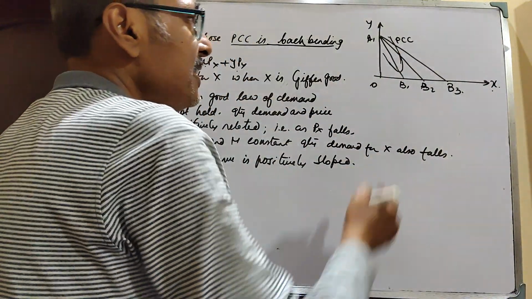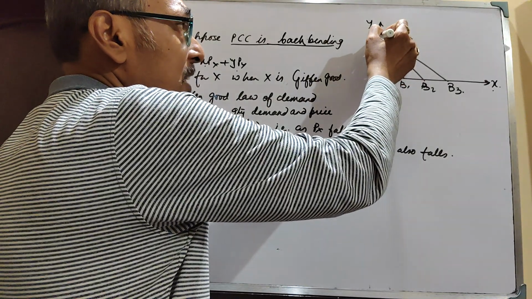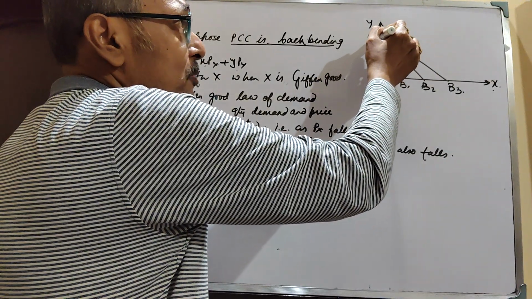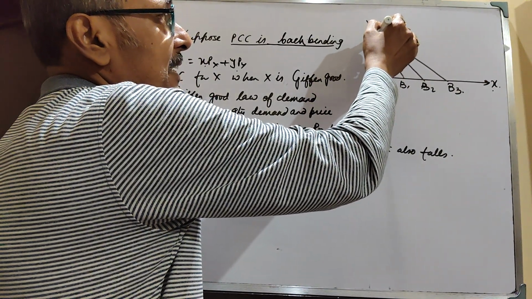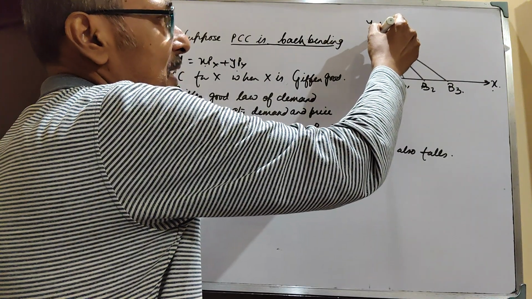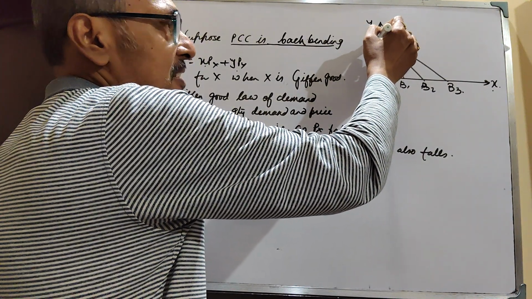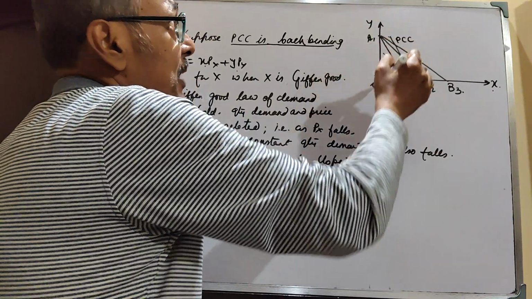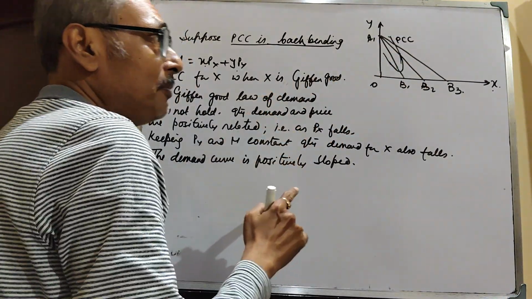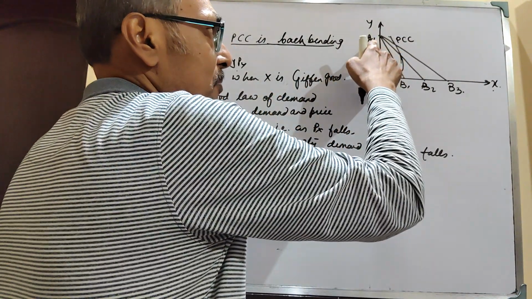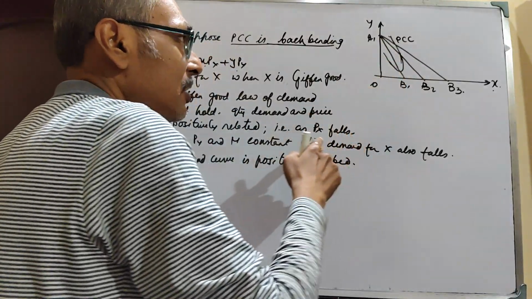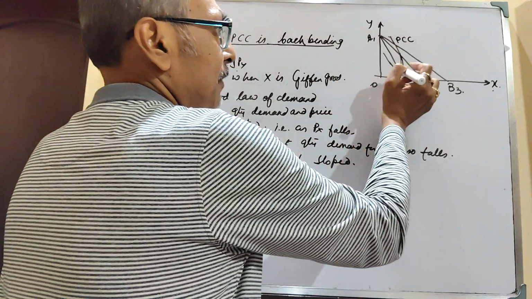PCC usually starts from the origin, or from the vertical intercept point of the budget line, not necessarily always. For this particular case, PCC starts from this point. Initially the good is not given, then it becomes given.